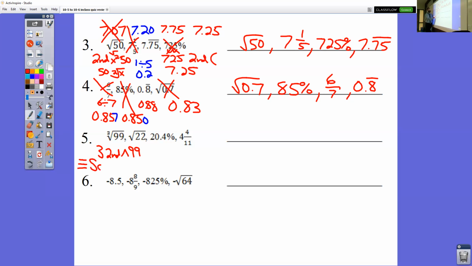Then you have to hit scientific because you got to change it to the scientific calculator. Then you have to type in the number 99, hit the second button, and then the cube root button. The cube root looks like the square root, but it has a 3 with it. So that's how you type that into the calculator. Go ahead and try number 5, please.